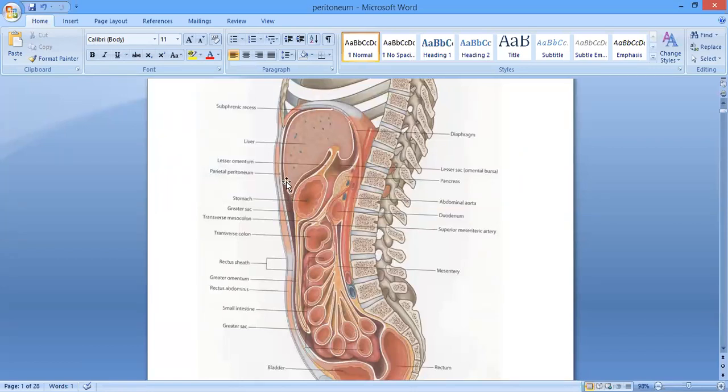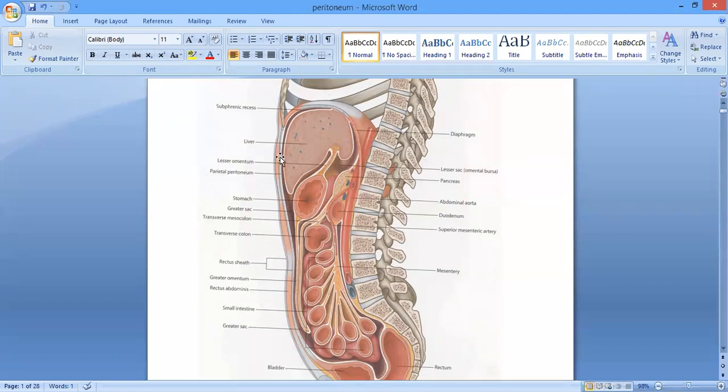And this one always consists of two layers. The outer parietal layer, which is just going to line the inner aspect of the wall, and the inner visceral layer, which is going to line the viscera or organs. It's going to enclose the viscera.